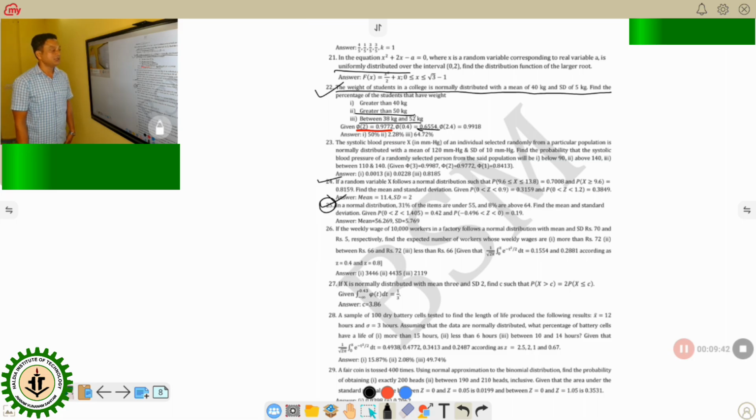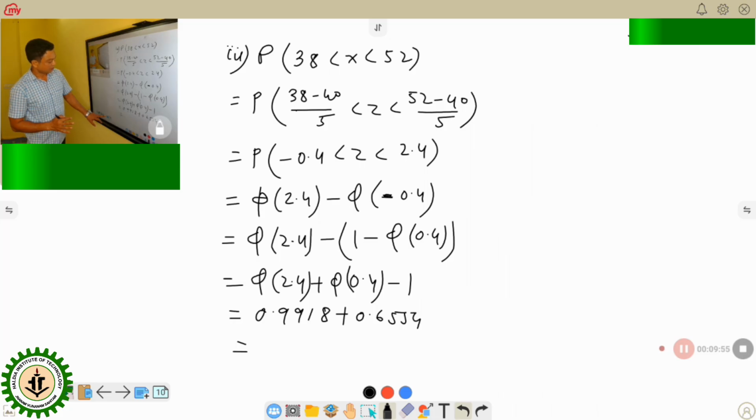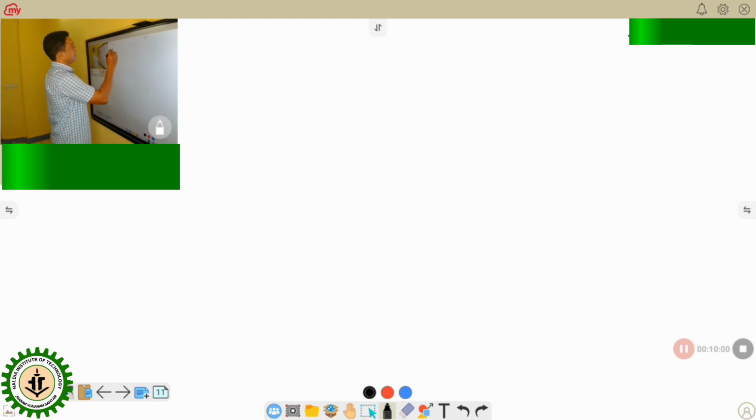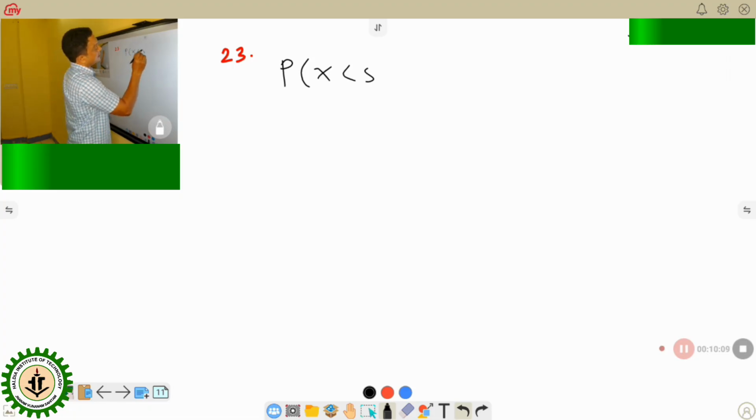In a normal distribution, 31% of the items are under 55. So let us write what information we get. 31% of the items are under 55 means the probability of capital X less than 55 equals 31%, that is 0.31 in terms of probability.